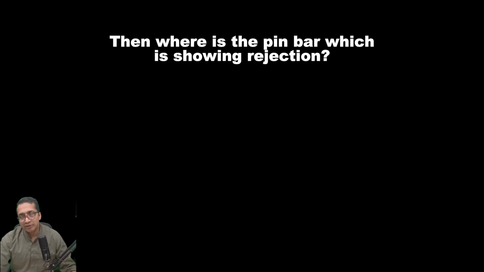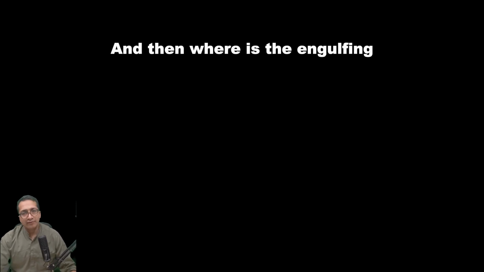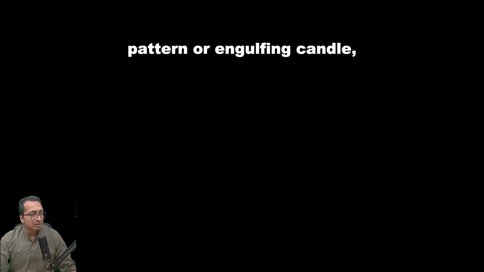And once you have done that, identify where the doji candle is, which shows indecision, where the pin bar is, which shows rejection, and where the engulfing pattern or engulfing candle is, which shows a shift in control. Identify all of these aspects as well.